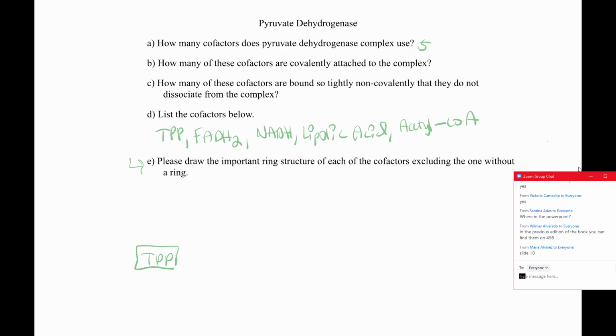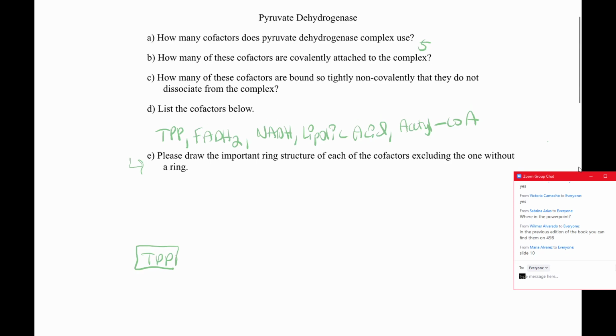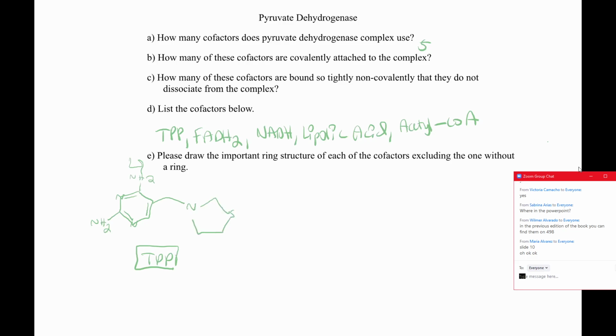Or you can find them in the book as well. Like TPP, for example. Because they did ask to draw the ring structure. So you don't have to draw everything, you just draw the important ring structure. But of course, knowing the entire structure could be helpful because you don't know what you'll be asked on it.